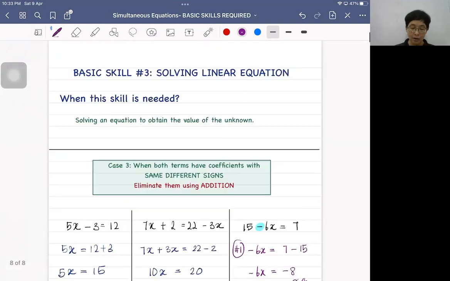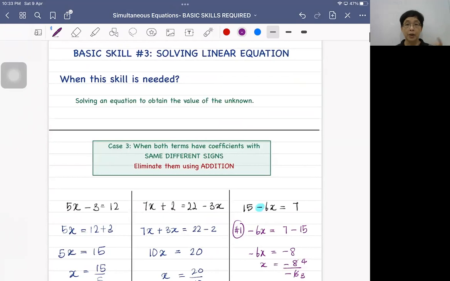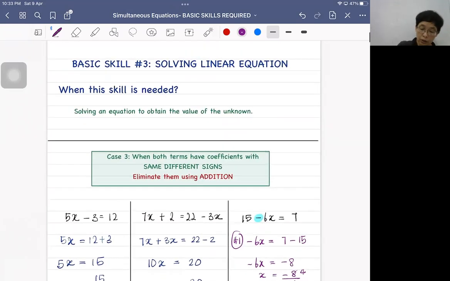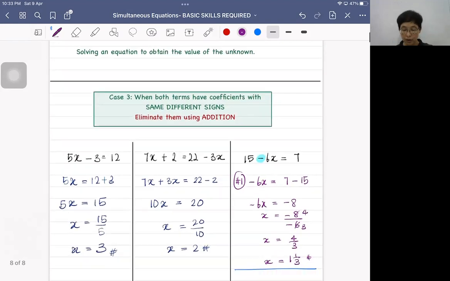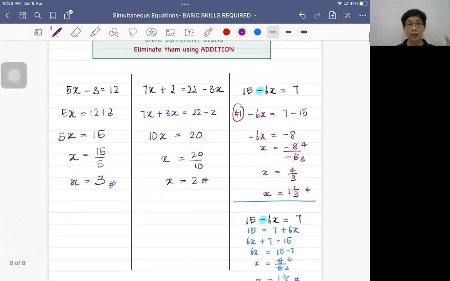Then the final skill, which is basic skill number 4, which is the solving of linear equation. What you do is either, if you're familiar with the idea of doing the same operation both sides, or those of us who are familiar with the word moving, which is actually called inverse operation, you go on and just move them over until you solve the equations.